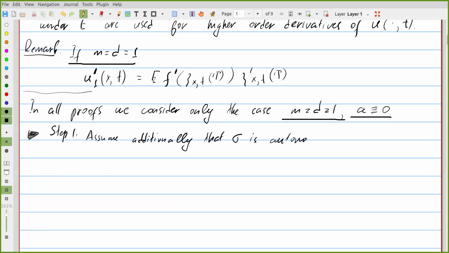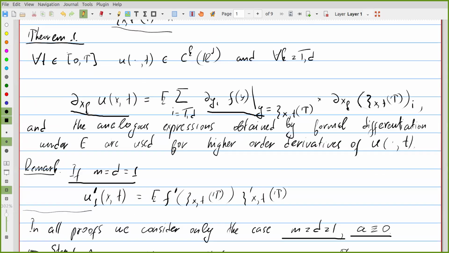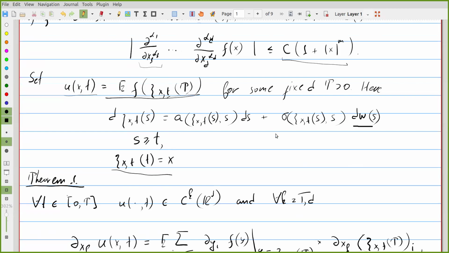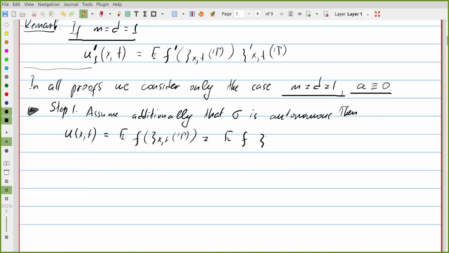That is, does not depend on s. Then this can be rewritten as psi x, t. Because now psi x of t in this expression doesn't depend on s here and here. This is exactly x0 of tau minus t.